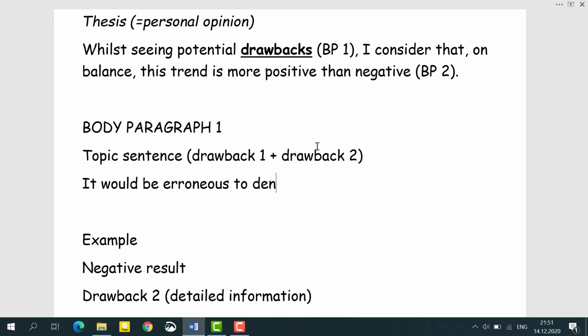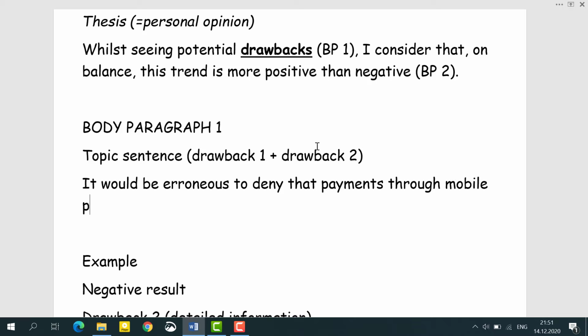to deny that payments through mobile phone apps may result in. Now I'm going to talk about the first drawback and then the second drawback.